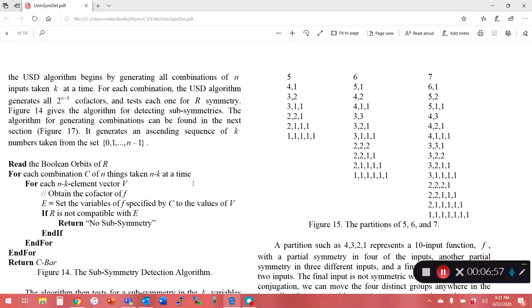The reason is, if I have 1, 2 for the first pair and 3, 4 for the second pair, that's the same as having 3, 4 for the first pair and 1, 2 for the second.